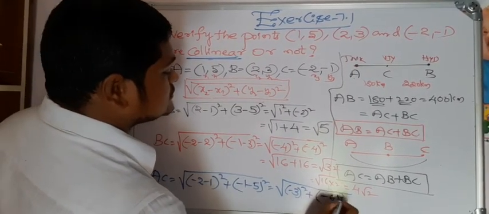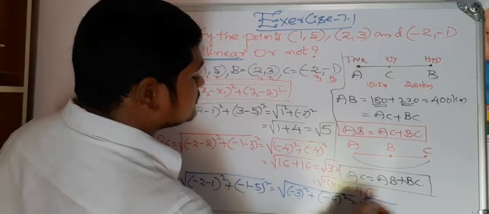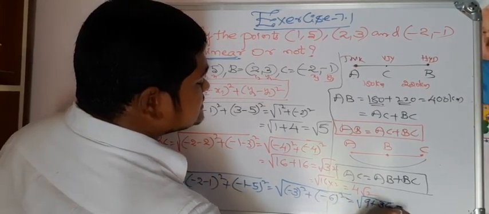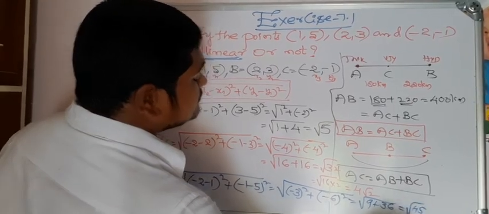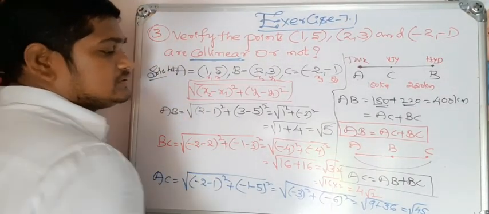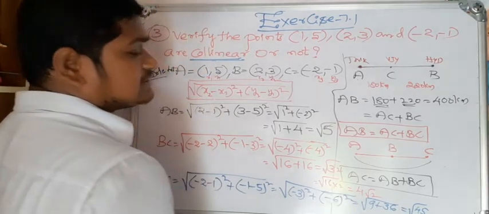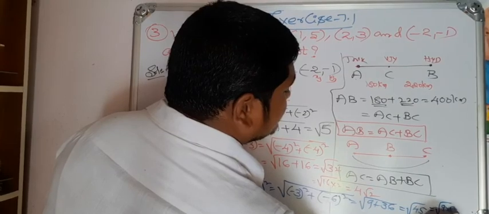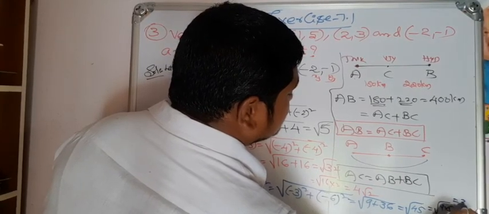The same procedure: 3 square is 9 plus 6 square is 36, so it is equal to root 45. We can write 45 as 9 into 5, a perfect square times 5, and 9 can be simplified, so this is equal to 3 root 5.